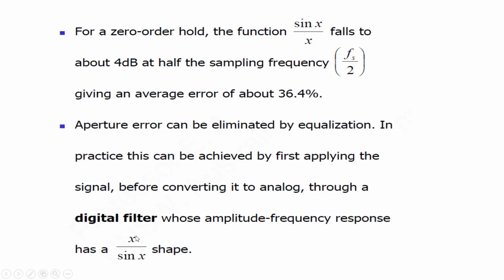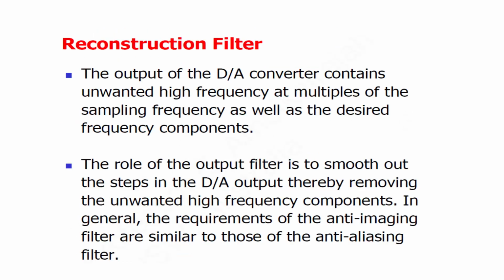The response of the filter is x by sin x. The process of digital to analog conversion will introduce a sin x by x distortion, so the two are equalized. That is the process of equalization to remove this aperture error.